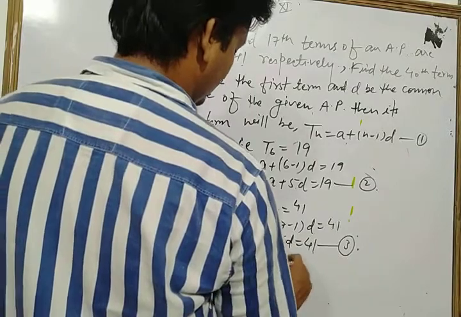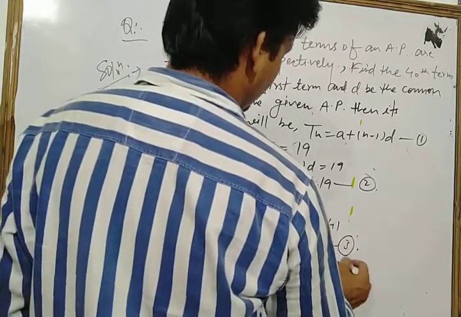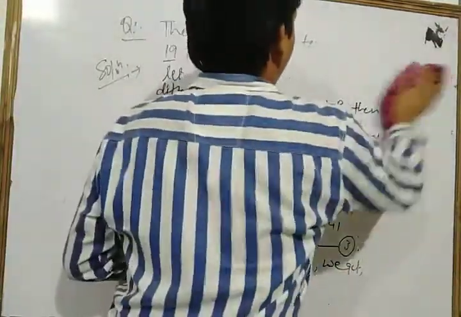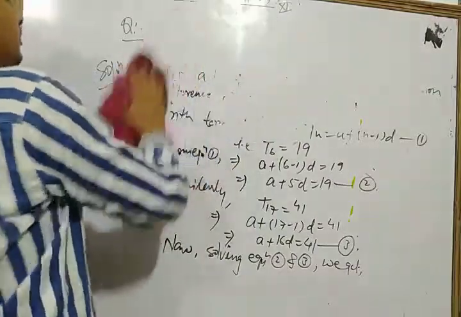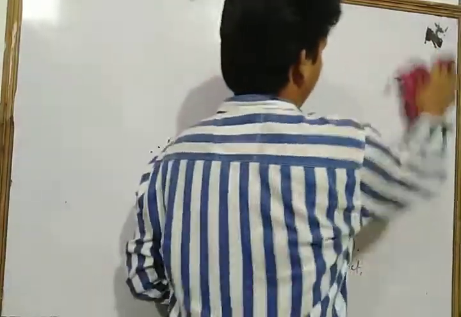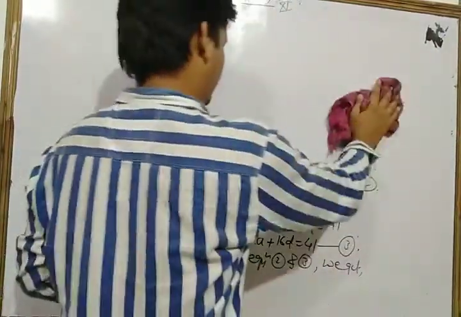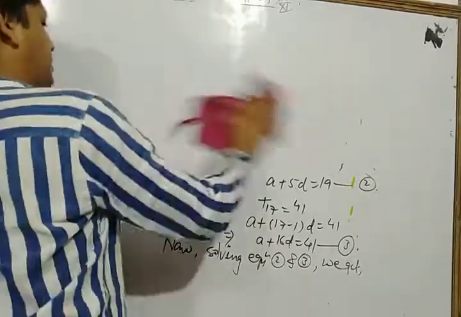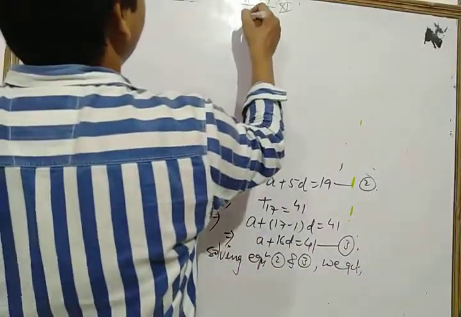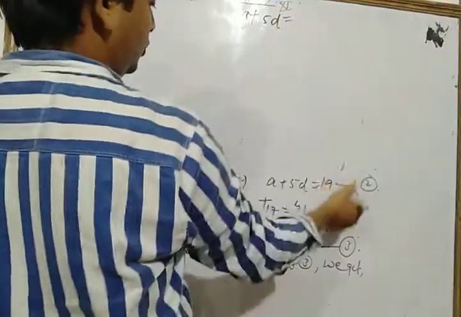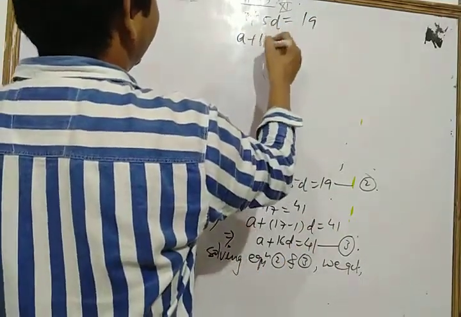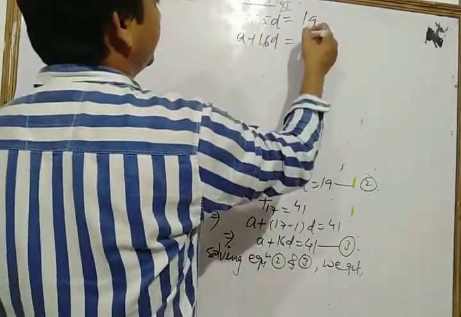Our second equation is A plus 5D is equal to 19, and the third one is A plus 16D is equal to 41.